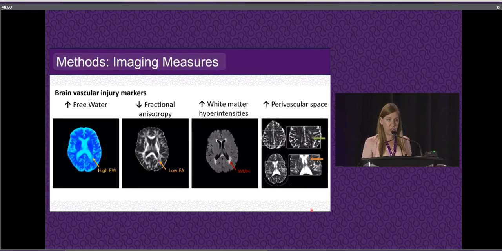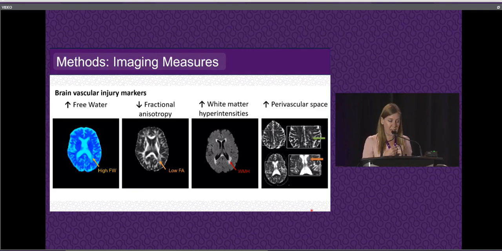So we focused on 4 imaging measures of vascular injury, including free water. Free water is derived from diffusion tensor imaging, and it reflects the amount of water molecules in the white matter tissue that are not constrained by their local environment. Fractional anisotropy, which is also derived from diffusion tensor imaging, reflects the integrity of the myelin of the white matter tracts.